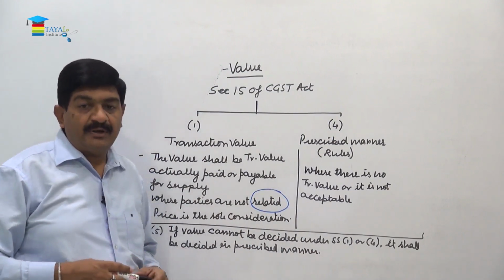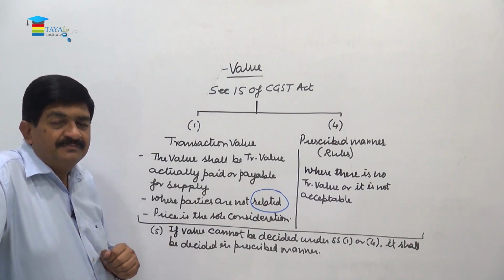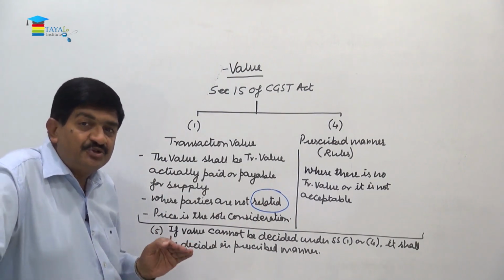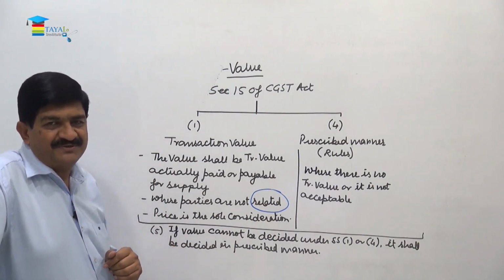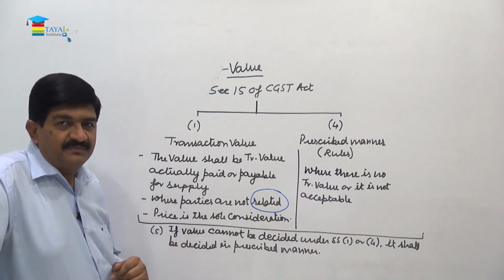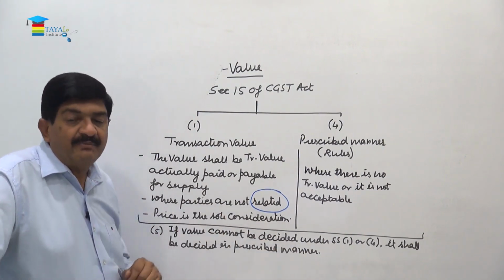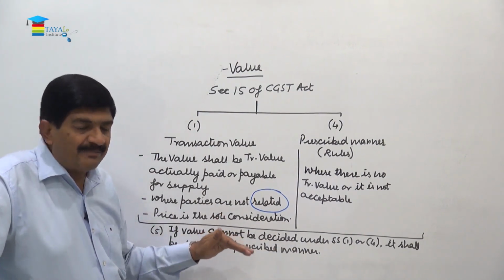Say for example, in case of exchange of foreign currency, in case of insurance, life insurance, in case of lotteries, how the value is to be decided. So that is again in the prescribed manner, again rules are applicable.